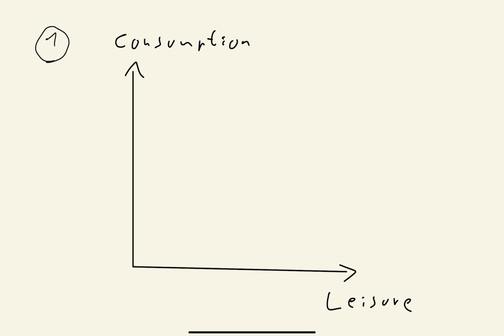So let us consider first a situation without any tax, just to see what happens if we have a flat tax. If we do not have any tax, what's the maximum amount of money that we can earn? This will determine the intercept of the budget constraint with respect to the y-axis.